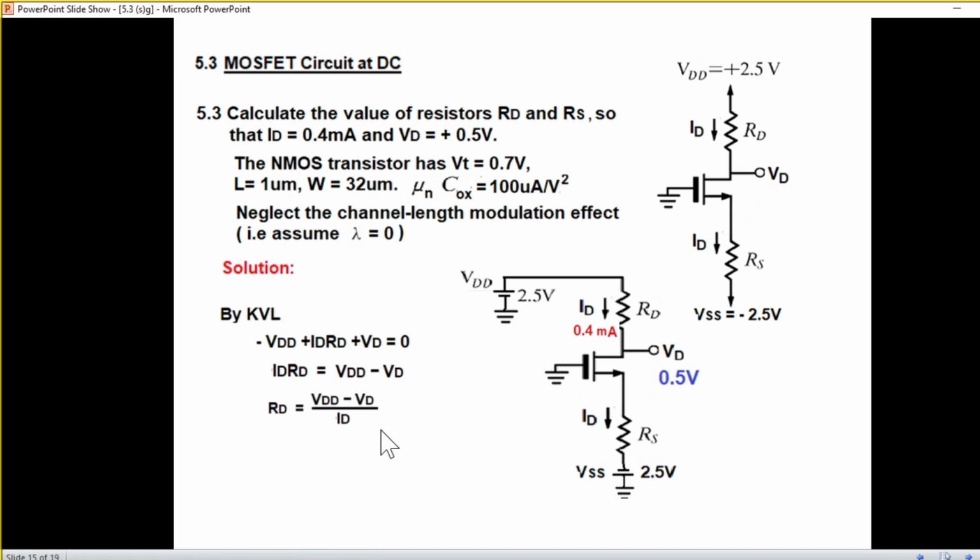So this becomes the formula for RD. And all values are known, so we'll just plug in the values. 2.5 and then VD 0.5 and 0.4 milliampere. So RD becomes 5K. So this is the first part. We have to find RD and RS resistors.